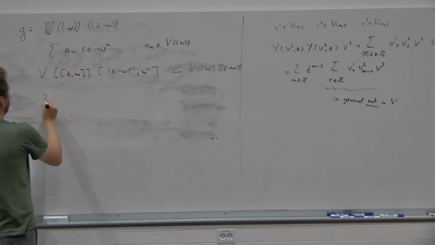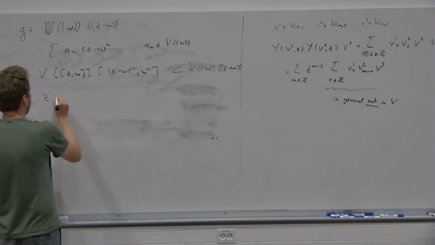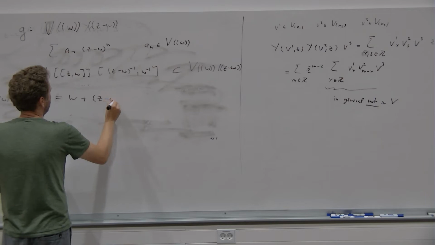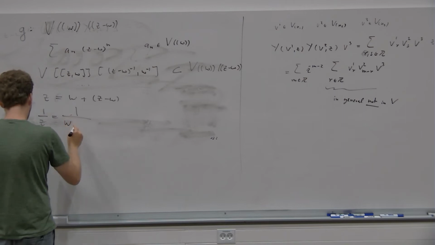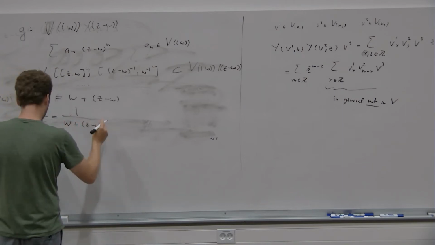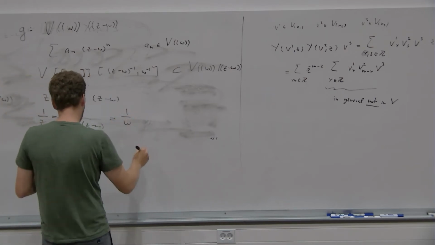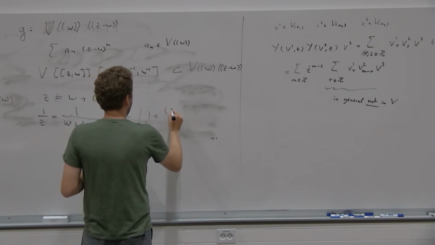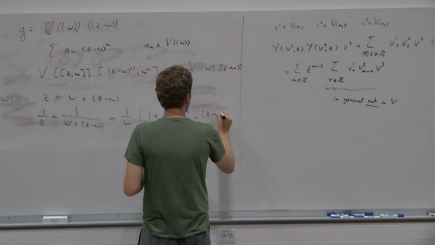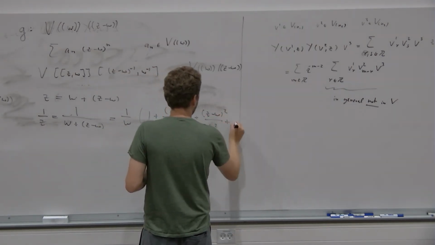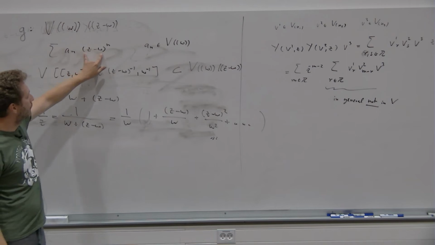We have to express Z in terms of W and Z minus W. So we write it as W plus Z minus W. And so that means we write Z inverse as 1 over W plus Z minus W. And then we do a similar expansion of this in the region where Z minus W is smaller than W. All right, because what we need to do is keep the overall pole of Z minus W bounded.